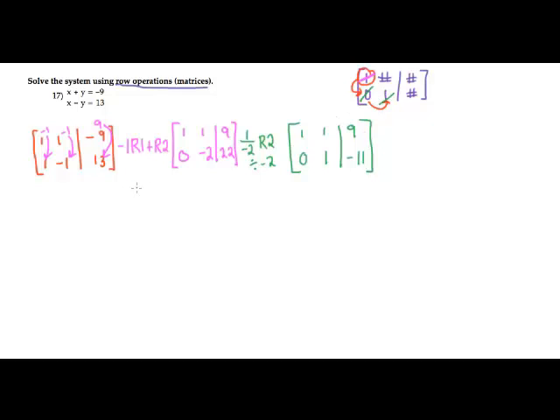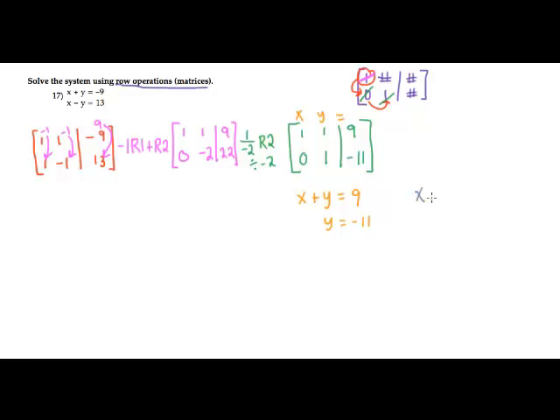We've got the 1, the 0, and the 1. So here's what we do next. We write this back as a system of equations where this is an x column, a y column, and here's our equal sign. This gives us 1x plus 1y equals 9. 0x, so we don't write that. y equals negative 11. We can really easily take this y equals negative 11 and plug it into the first equation.